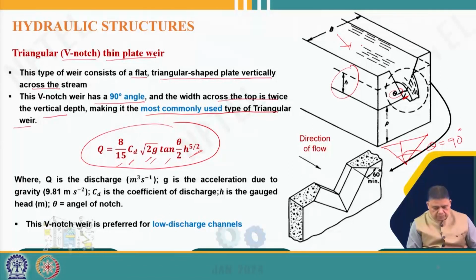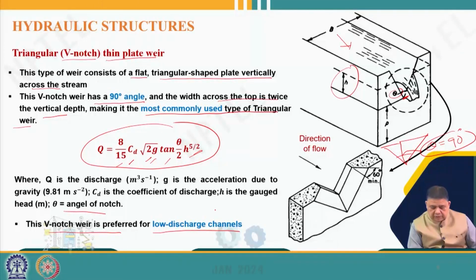Theta is the angle of notch which we have already discussed. The most popular one has theta equal to 90 degrees, so tan theta by 2 is tan 45 degrees, which is 1.